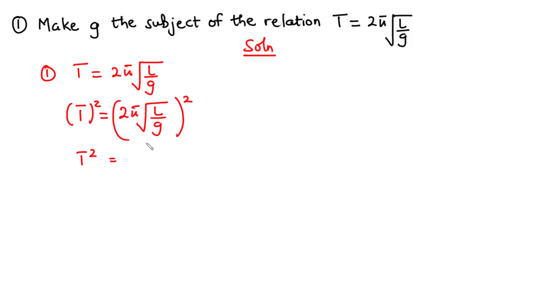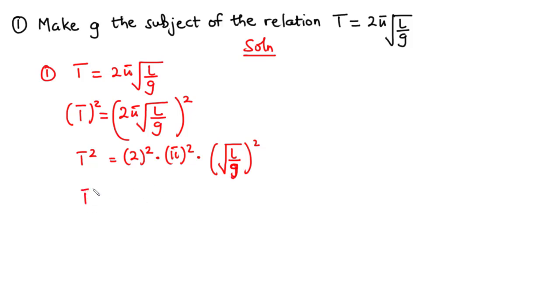The square is going to affect everything here. So we first have 2 square, times pi square, and then times the square root of L over J all square.